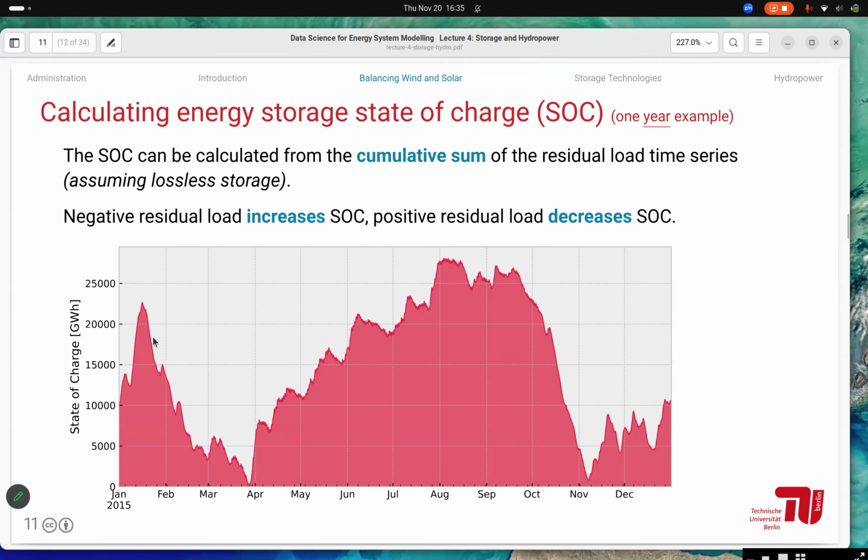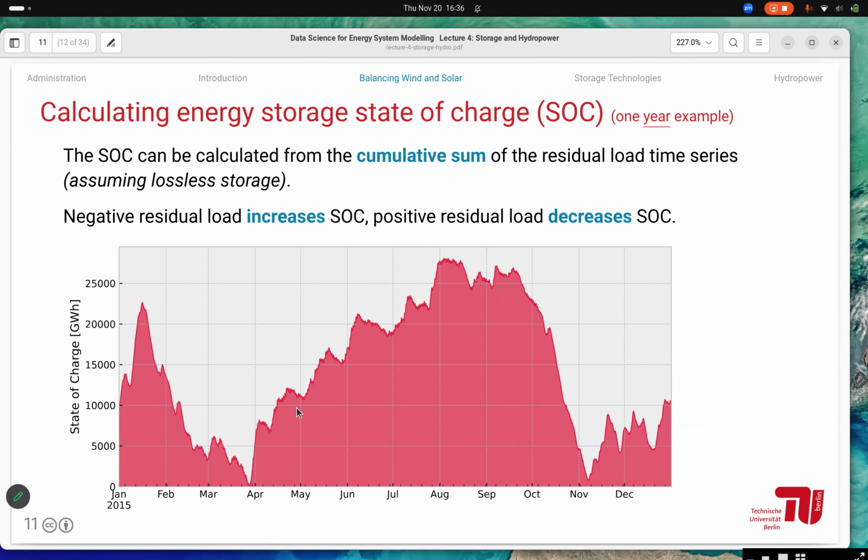We're discharging throughout the late winter months and early spring, charging again throughout the summer. We have a rough profile. But if you look closely, you can also see some more spiky elements. That could be, for example, daily patterns of the storage, but they don't affect the overall stored energy too much.